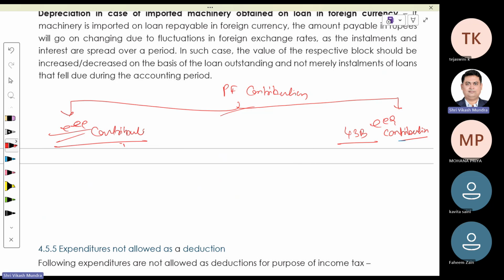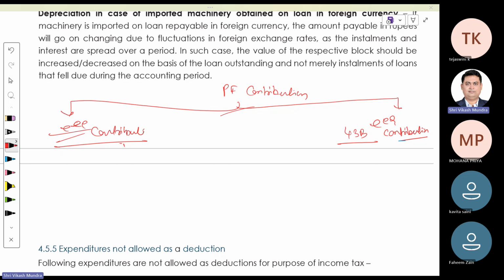It is not exactly cash basis. What do you mean by cash basis? Anyone? Cash basis reduction is available on cash payment basis. What do you mean by payment basis? Anyone? Kavita? What do you mean by payment basis?